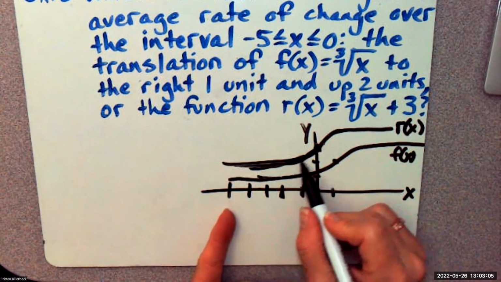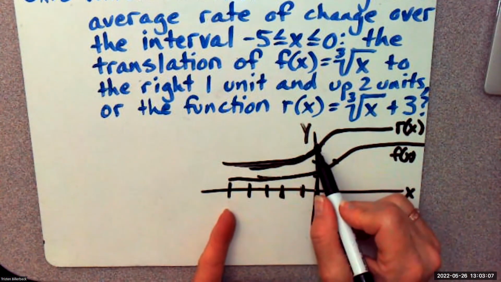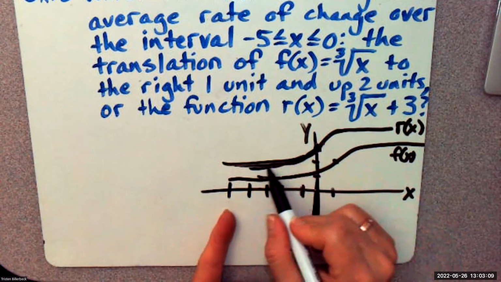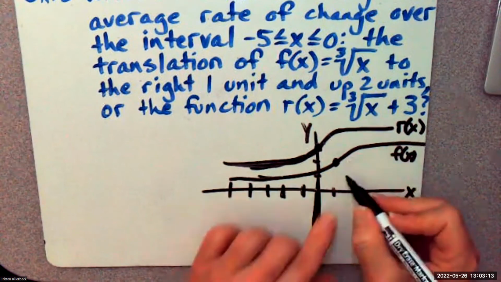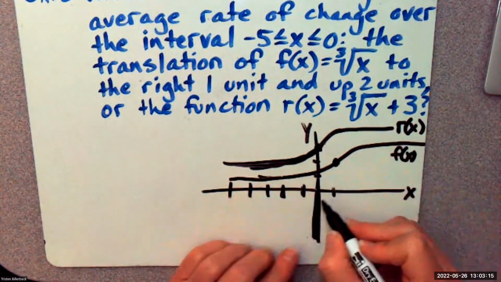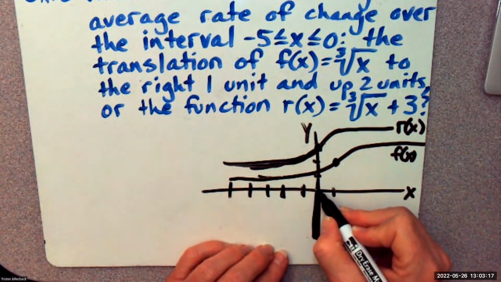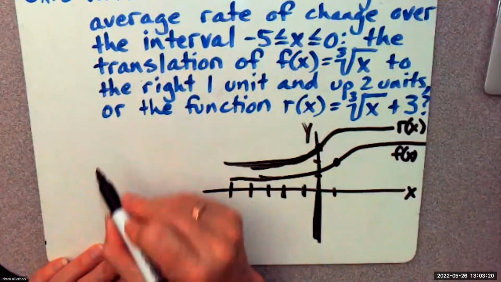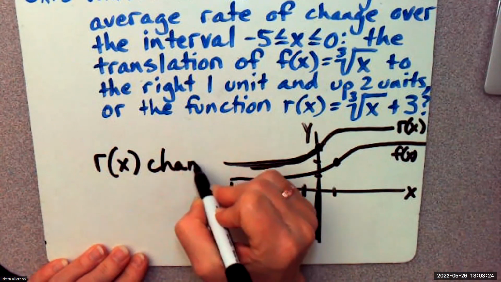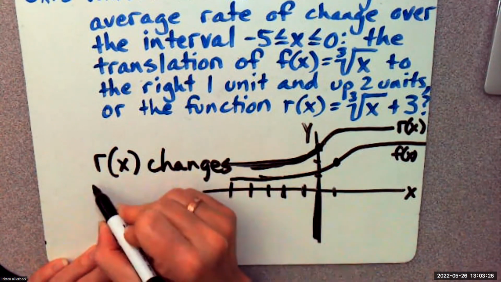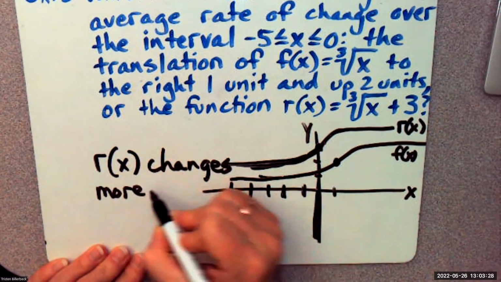So we're catching the inflection point and this big change right here versus this one, the inflection point's here. So a lot of the changes already happened before we got to 0. So r of x changes more in that interval.